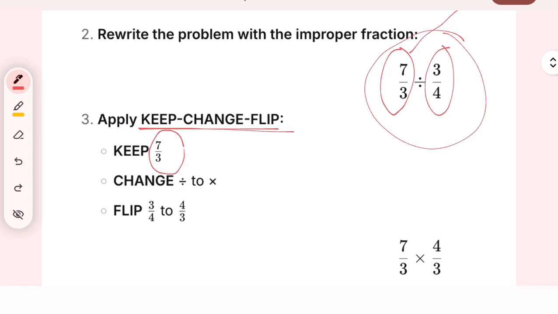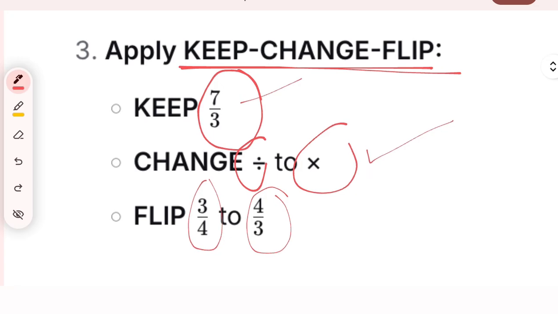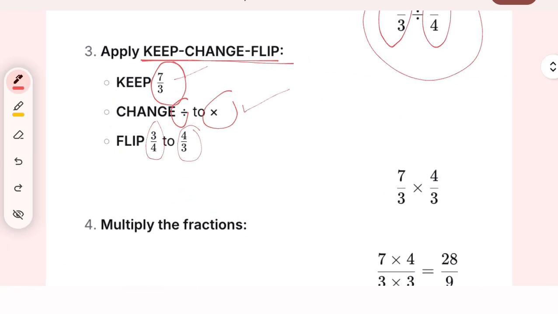That means you keep the first fraction, 7/3. You change the division to a multiplication. So keep, change, and you flip the last fraction, 3/4, into 4/3. So keep, change, and flip. And it will become like this.